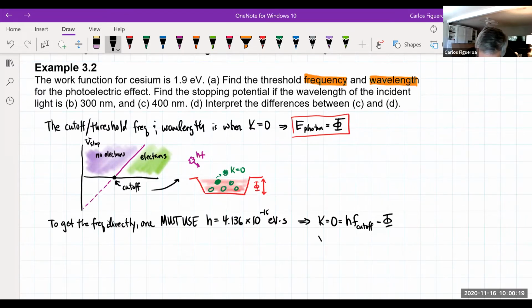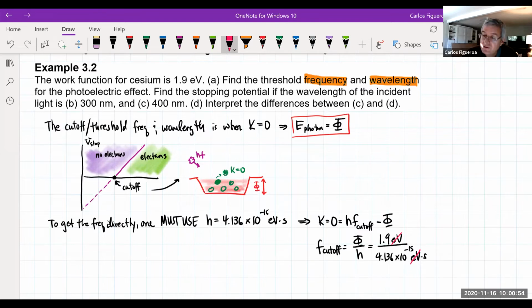So if I do that, you could see here that the cutoff, of course, is then going to be the work function divided by H. So if I plug in my value here for cesium, 1.9 electron volts, divided by 4.136 times 10 to the negative 15 electron volts per second, right away you could see that the electron volts are going to cancel.